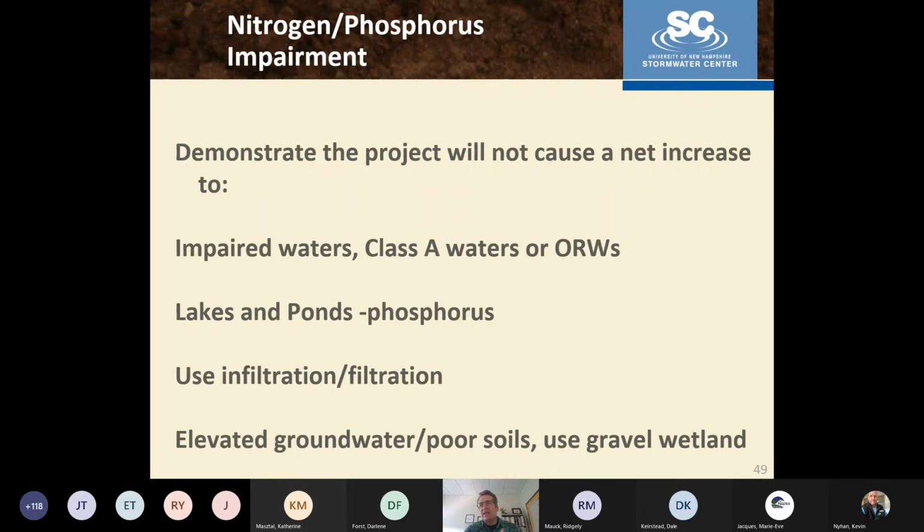So for nitrogen, it's a subsurface gravel wetland or a hybrid bioretention system, which I'll go over later. Or in the phosphorus areas, it's some type of enhancement. And the tools that we have right now are the water treatment residual and the covalent iron. And of course, you can use infiltration to the extent that you can, but all these include infiltration and filtration components.